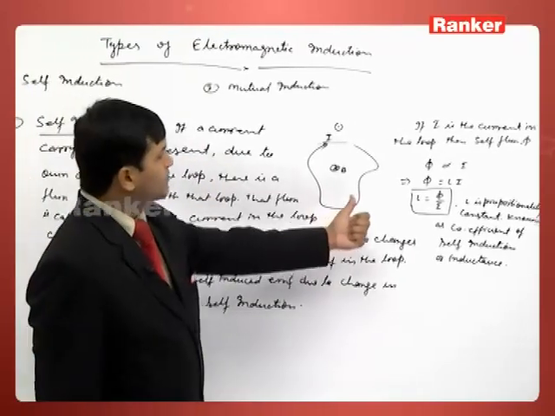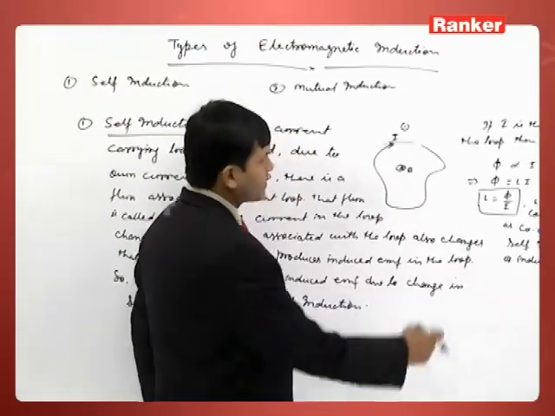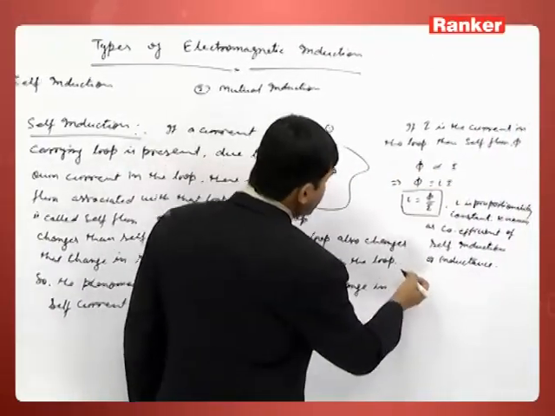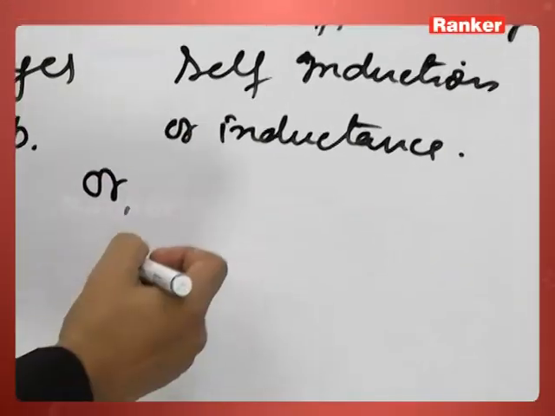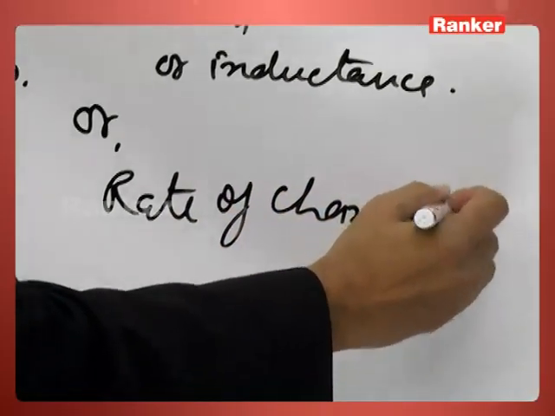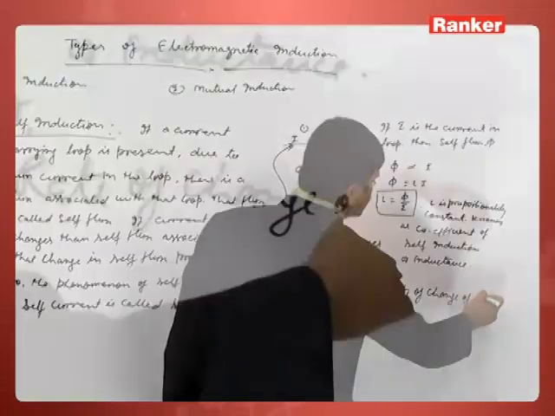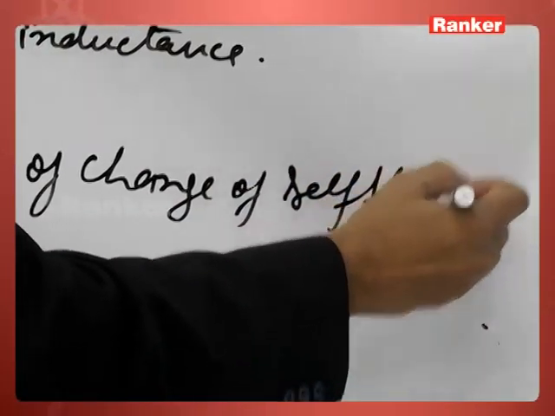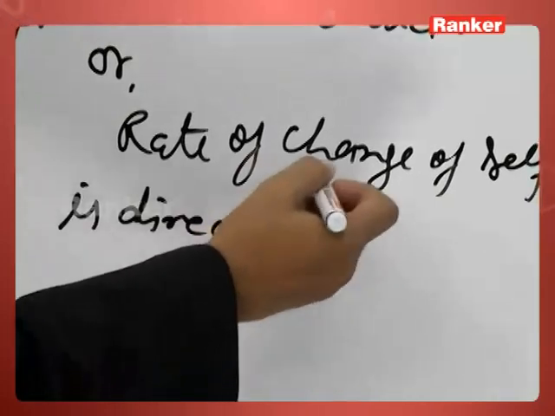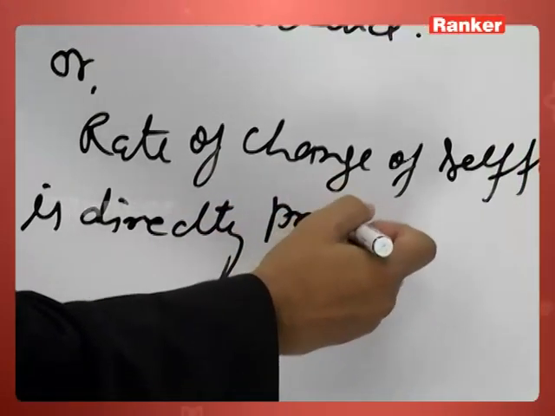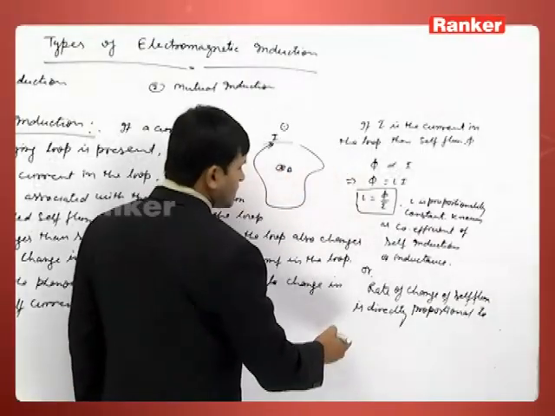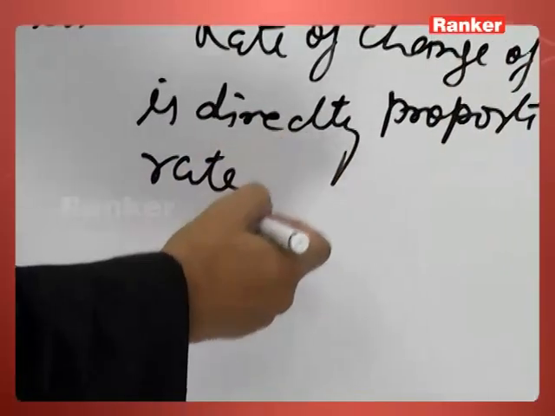Similarly, we can define it another way. Phi changes as I changes, so the rate of change of self flux is directly proportional to the rate of change of self current.